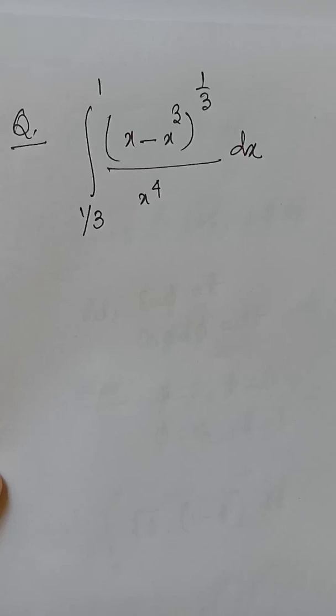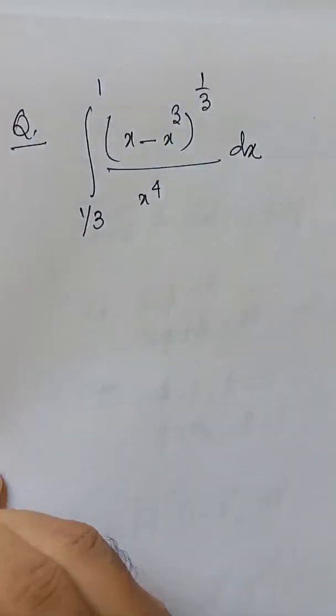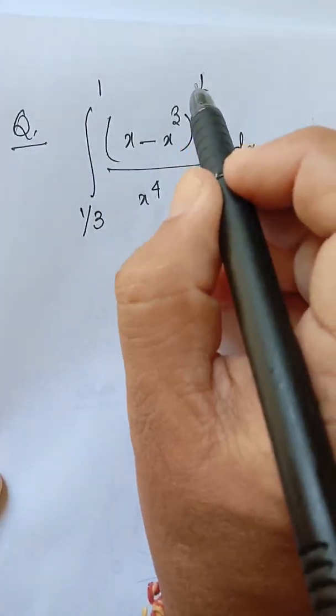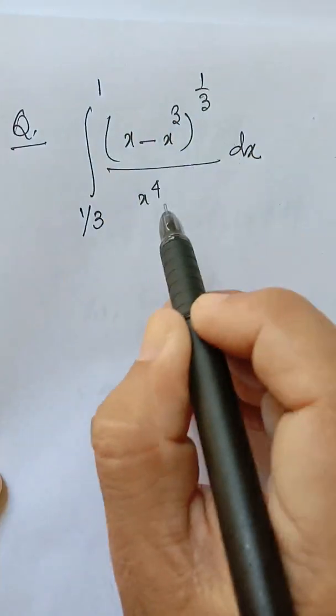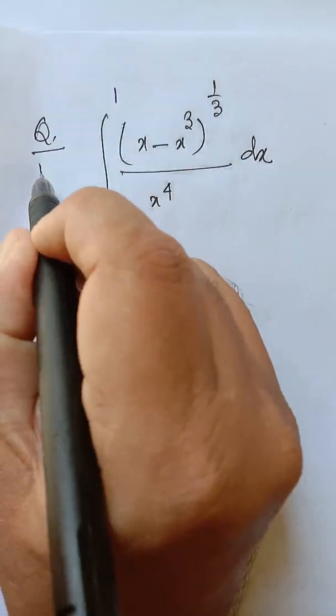Next question is to integrate the integration of 1 by 3 to 1, x minus x cube whole thing to the power 1 by 3, whole thing divided by x to the power 4 dx. This question is given in the NCERT book.